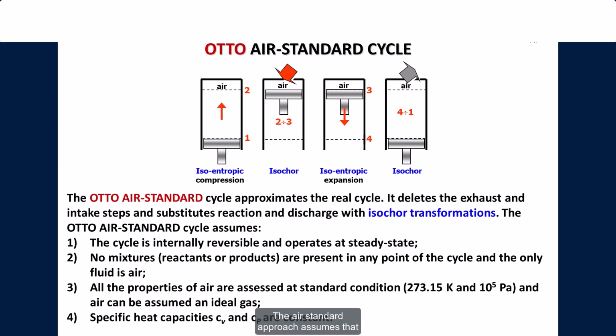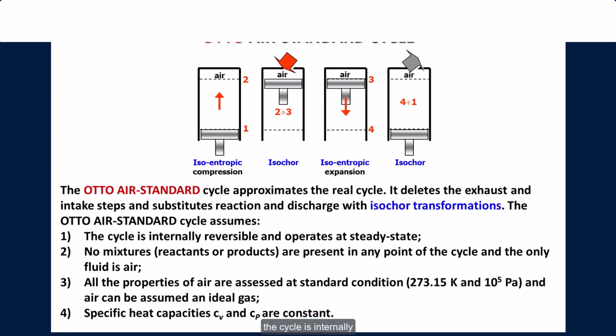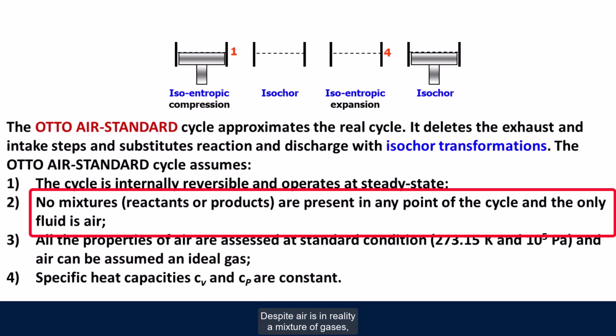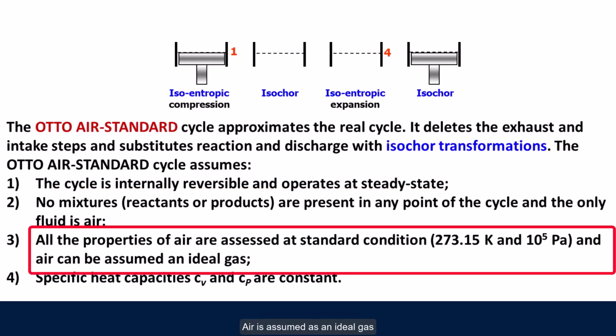The Air-Standard approach assumes that the cycle is internally reversible and operates at steady state. Despite air is in reality a mixture of gases, here air is considered as a pseudo-single fluid. Air is assumed as an ideal gas, and all properties of air are assumed constant as standard conditions.